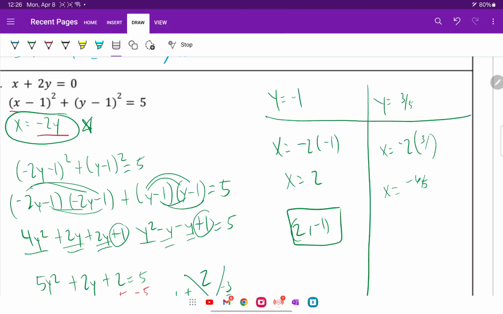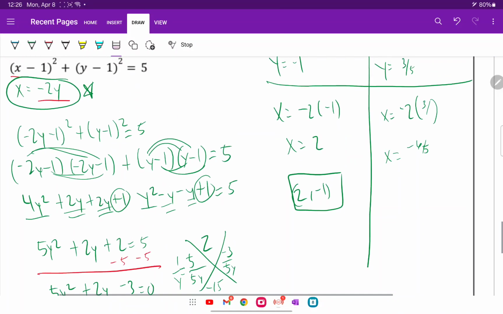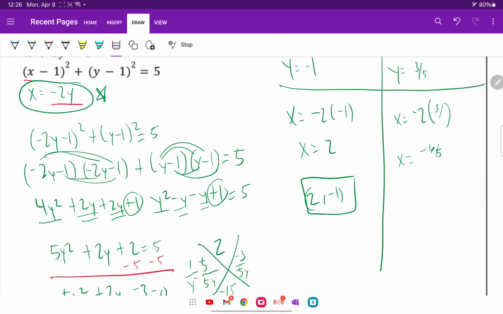Let me verify this is correct. Don't make any mistakes there. 5y, so 3/5. So that becomes negative 2 times 3/5. And then we get negative 6 over 5. So we have an ordered pair of negative 6/5, comma 3/5. All right, and that concludes the notes for today.